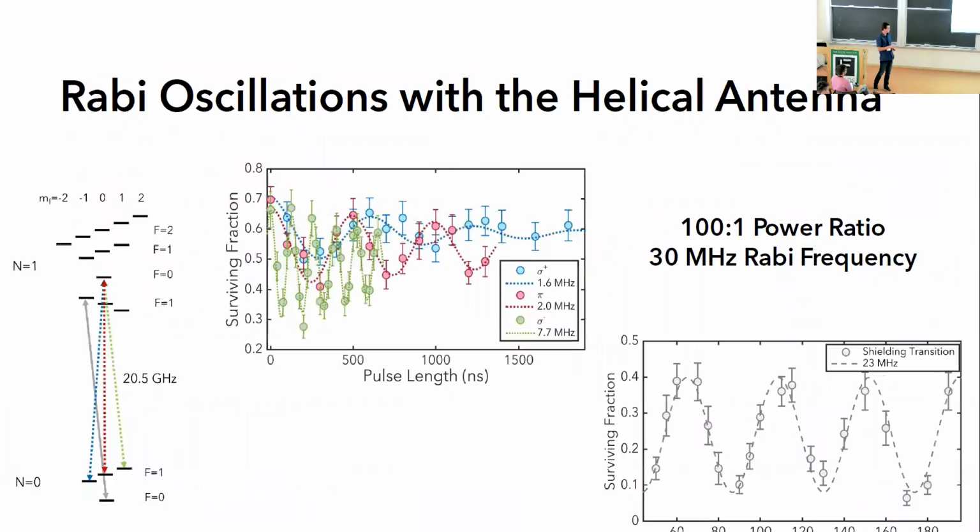But once we've figured out all of these complications, we're then able to create these very cleanly polarized circular microwaves and drive the molecules at about 30 megahertz or so of Rabi frequency with a ratio of about 100 to 1 in cleanliness of the circular polarization.